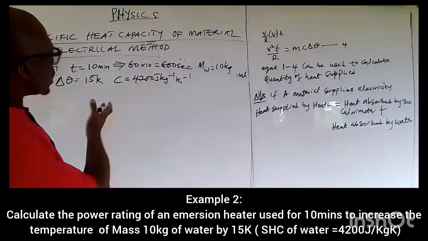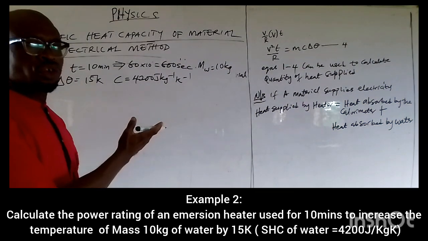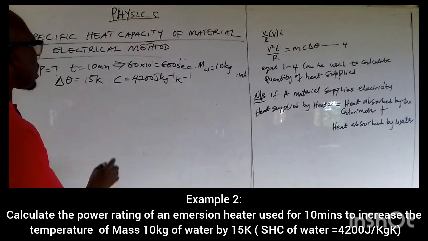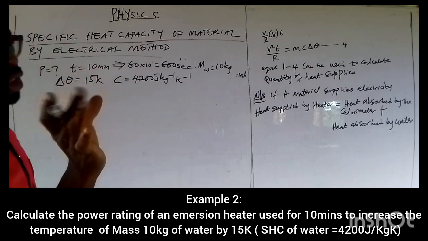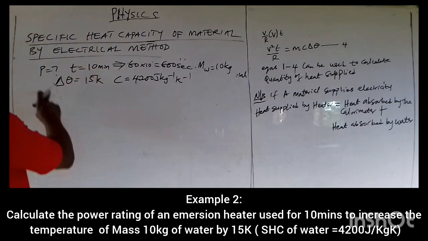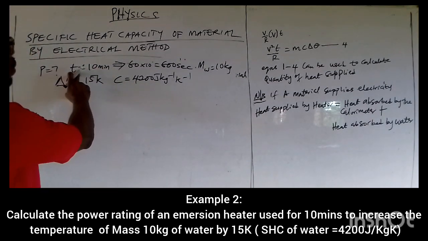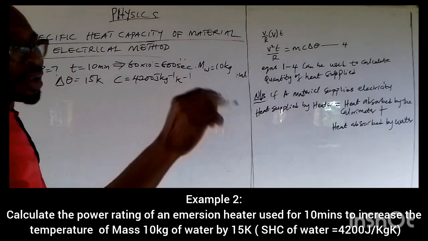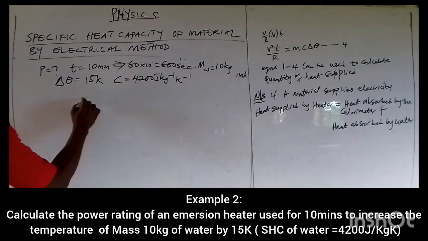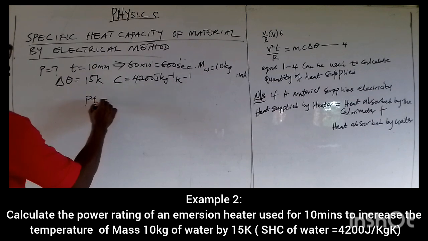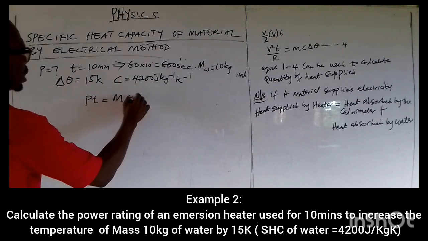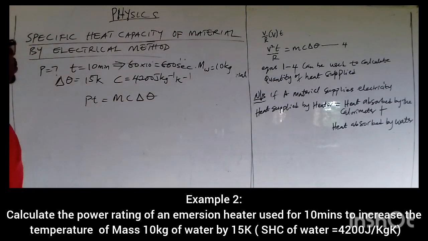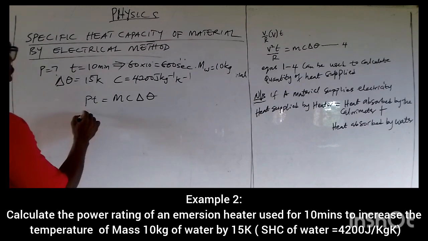Having these parameters given to us, which of the equations will take care of power, T, which is the time, and the rest of them? Well, the second one, equation 2, which is power times time is MC delta theta. The power there is what we are looking for.